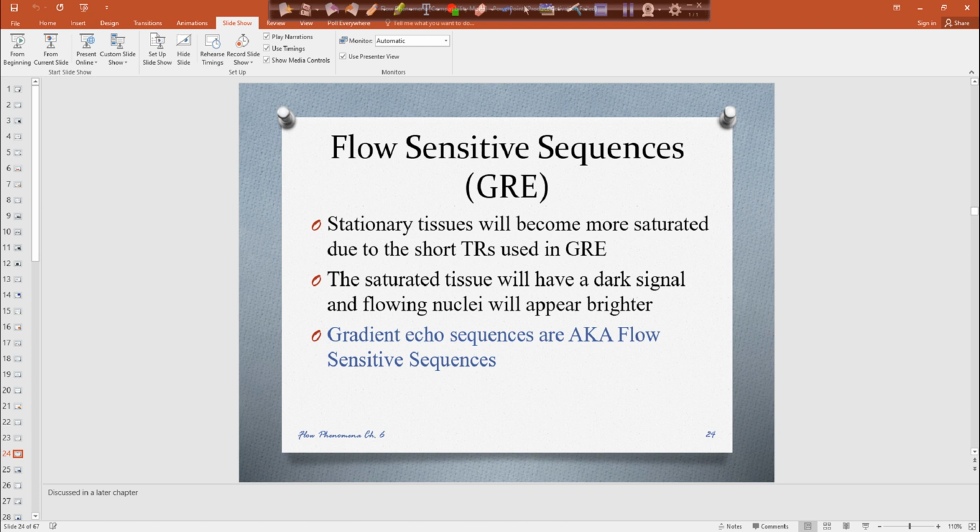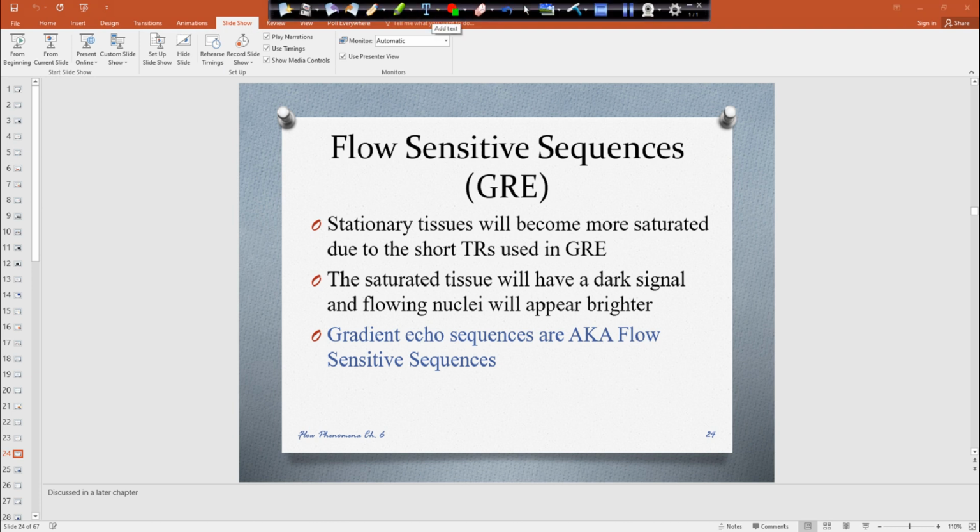It hasn't received any RF pulses once it gets into that slice, and it will appear bright on our image compared to our stationary tissues that have been repeatedly beaten down. They call it beaten down by our RF pulses. So flowing nuclei will be fresh, stationary tissue will be beaten down.